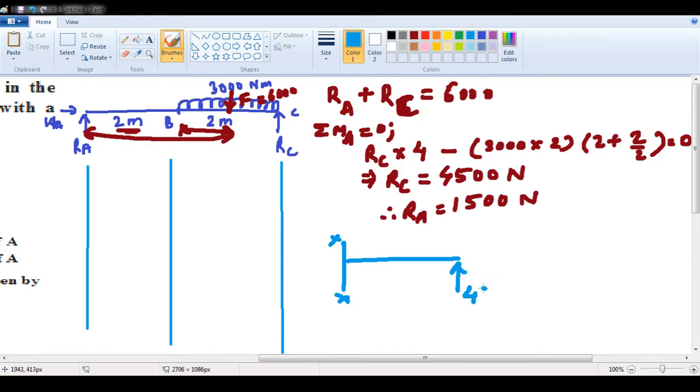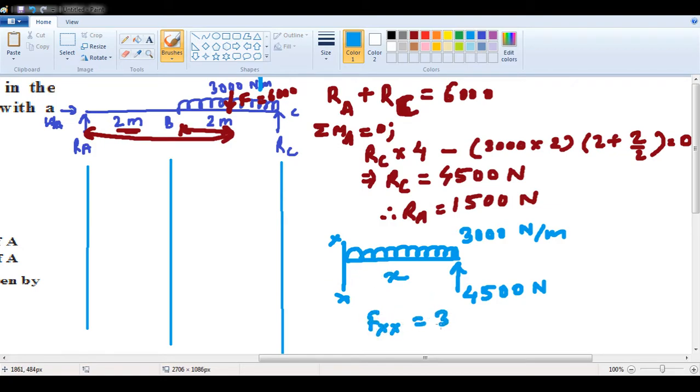What is the value of RC? 4500 Newton, at a distance of x. And there is a uniformly distributed load of 3000 Newton per meter, correct or not? So the force about XX will be 3000 x, whereas the moment about XX is force into perpendicular distance.